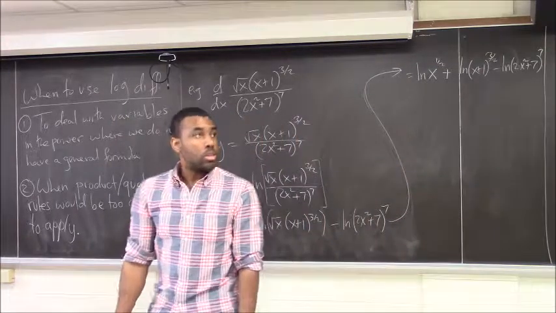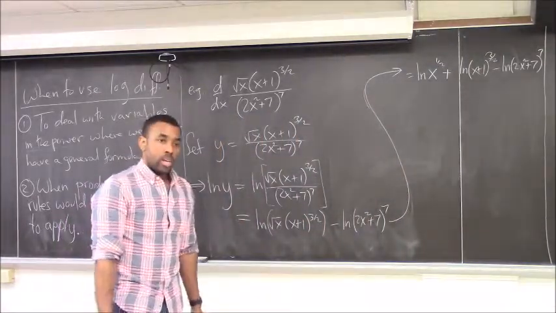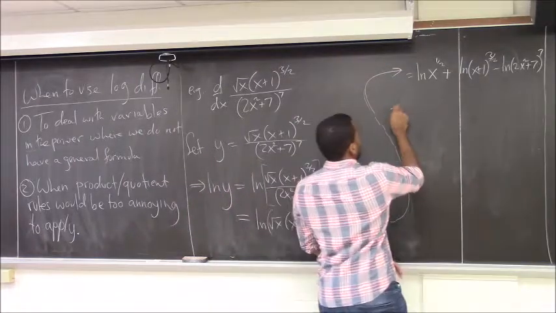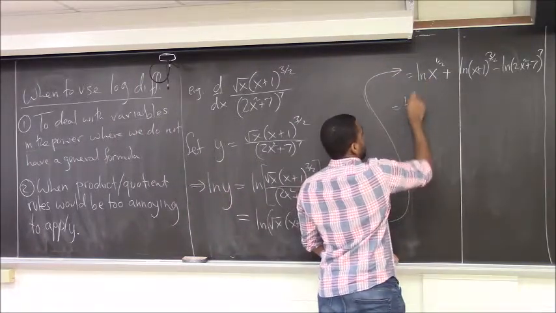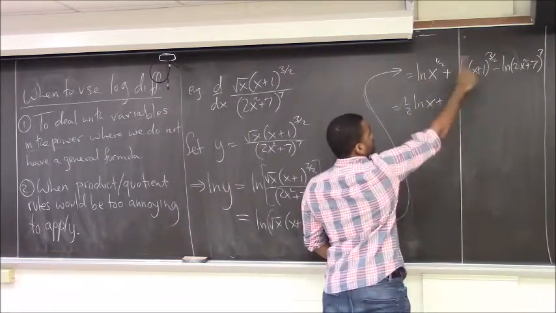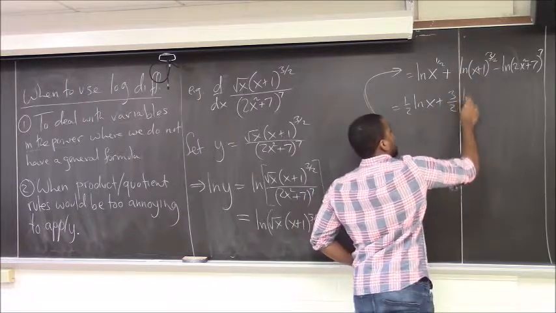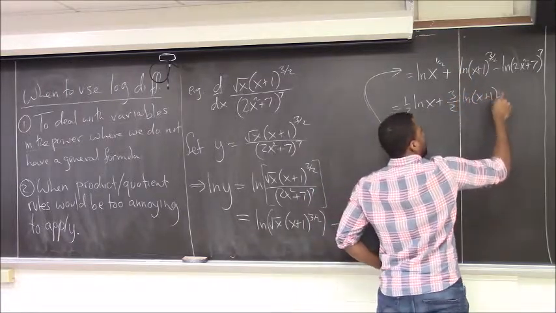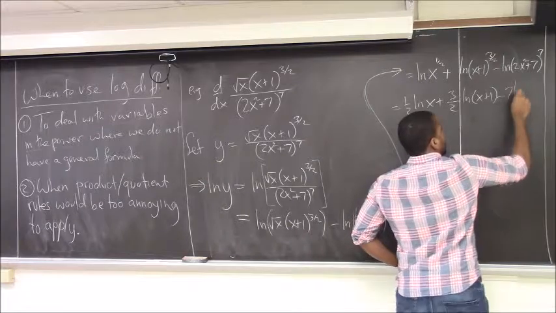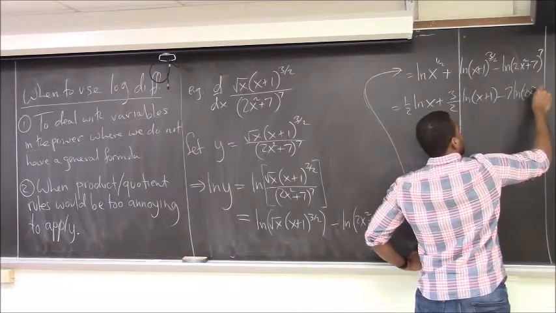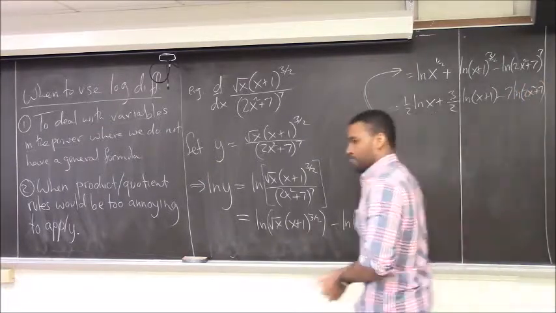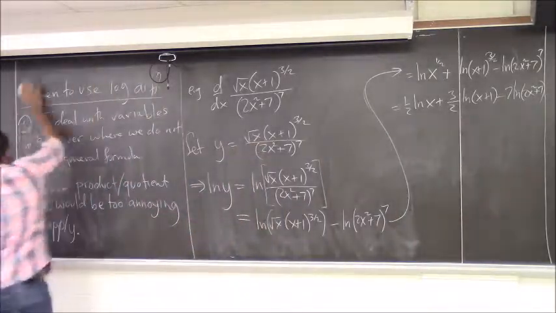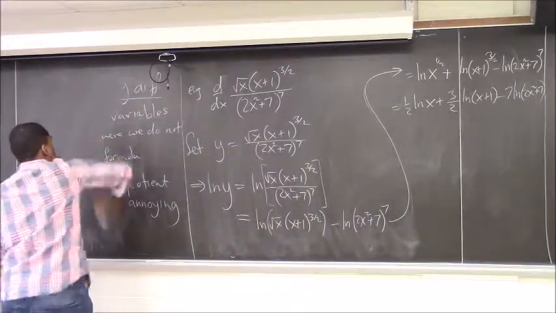We could bring that power. Now I can apply the rule where I can bring the powers down. So this, the half can come down. This, the 3 over 2 can come down. This, the 7 can come down. So ultimately, what do I have now?